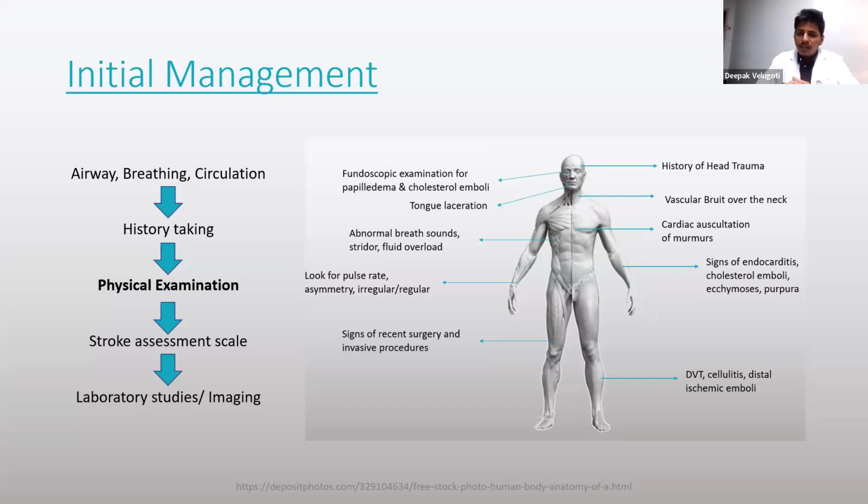The presence of DVT, cellulitis, and distal ischemic emboli can give us a description of how the patient developed stroke because of emboli that developed from the thrombus.